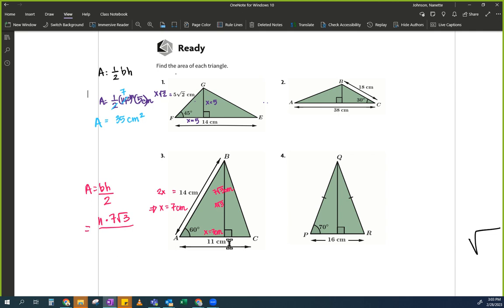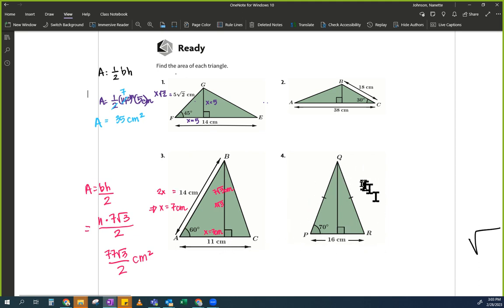Now, this is going to be 77 root 3 over 2. And some people don't like that answer, but I'm just going to leave it because that's correct. If you wanted an approximate answer, you could plug that into a calculator, but I'm just going to leave it. So here we used our 45, 45, 90. Here we used our 30, 60, 90.